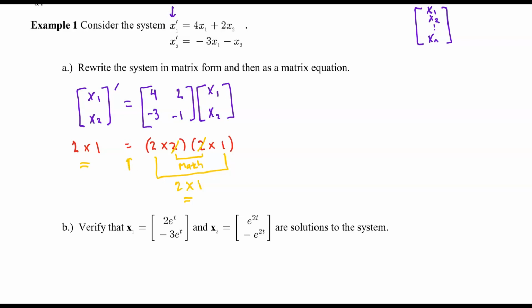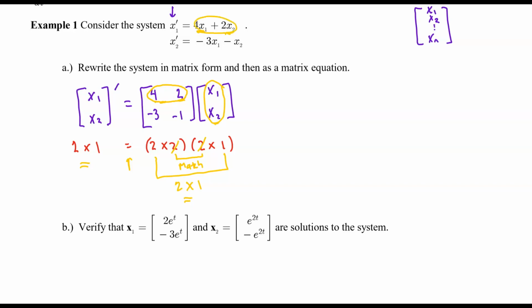Now, if you've never multiplied matrices before, what we're going to do is anticipate that this product over here on the right side is going to be a 2 by 1 matrix. So to get the result in row 1, column 1, I'm going to take row 1 times column 1. So I would multiply 4 times x1 to get this, plus 2 times x2 to get this.